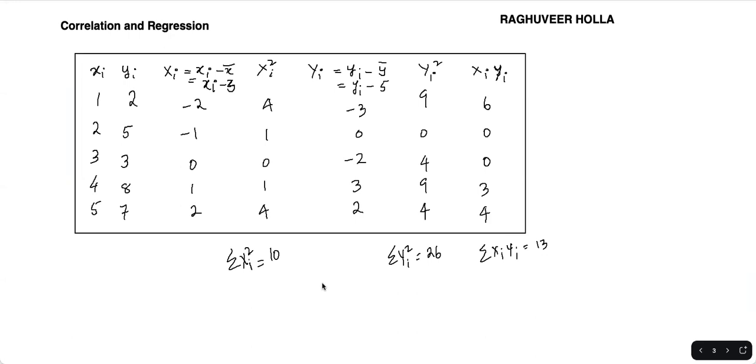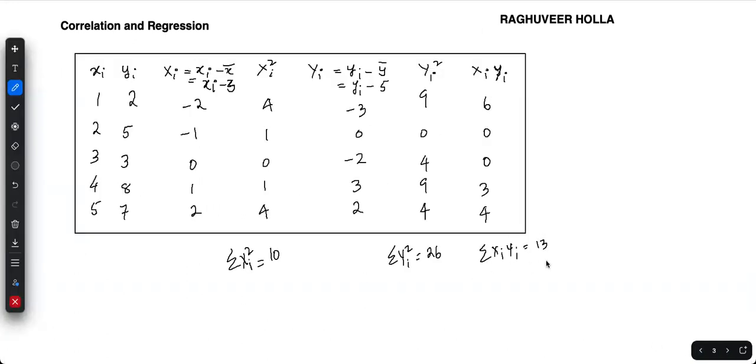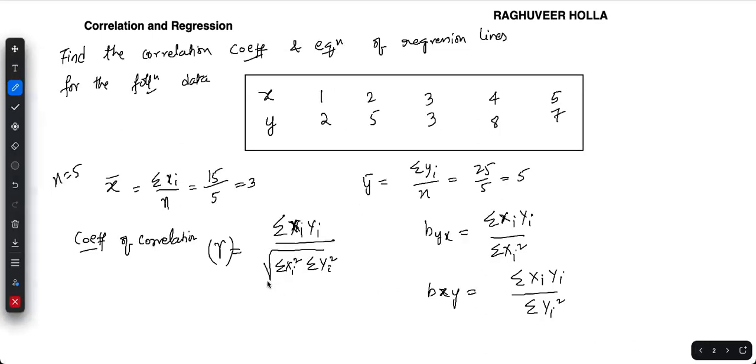Please check your answers. Now let us get back to the formula which we have written. So summation of xi and yi is nothing but 13. Let us substitute it and get r here. So r is the coefficient of correlation, 13 by square root of 26 into 10, which is 0.80622.